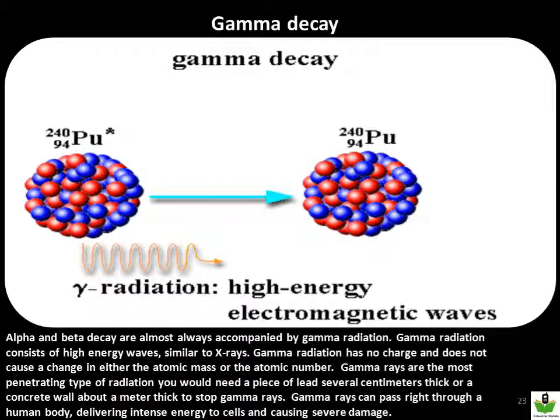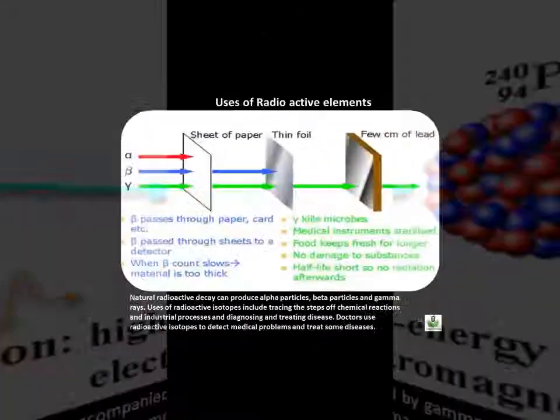Gamma rays are the most penetrating type of radiation. You would need a piece of lead several centimeters thick, or a concrete wall about a meter thick to stop gamma rays. Gamma rays can pass right through a human body, delivering intense energy to cells and causing severe damage.